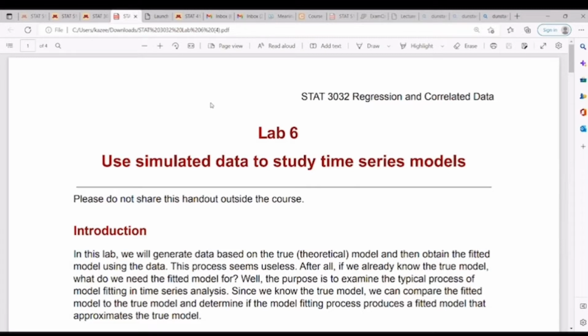So that's exactly what I want to do today. But before I get started, I'll first have a kind of recap on time series analysis.